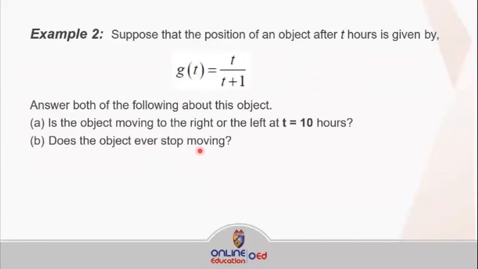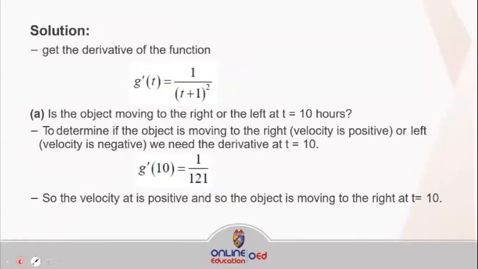So we need to know kung yung object na yan is magmo-move daw siya to the right daw ba siya or to the left with given na 10 hours and kailan daw siya mag-stop or does the object ever stop moving? Kung mag-stop daw ba siya? Ayan. Sabi ko nga, kunin lang muna natin yung first derivative.